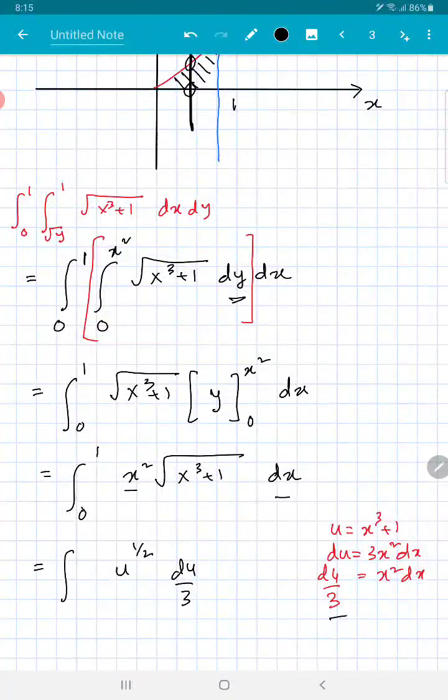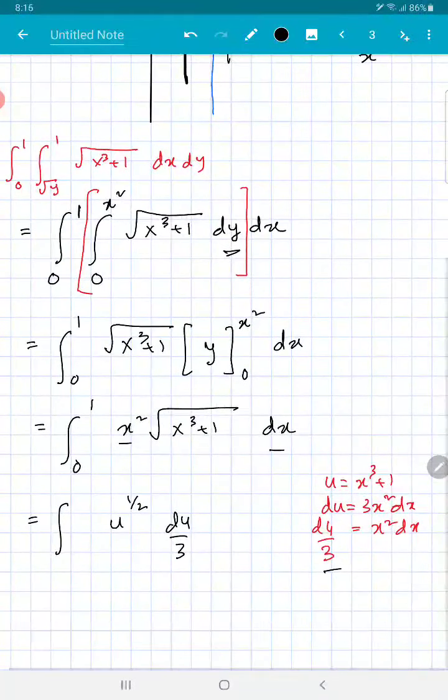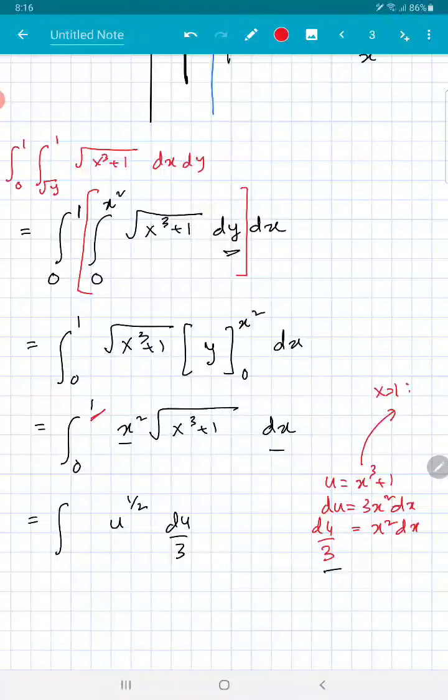Then we can use the limits for x to get the limits for u. The upper limit for x is 1. When x is 1, u is 2, because u is x cubed plus 1. So when x is 1, u would be 1 cubed plus 1, which is 2. That is the upper limit for u.